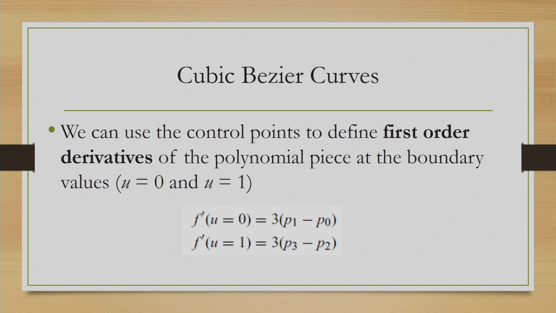Now, the control points can be used to define first order derivatives at the boundary values, that is u equal to 0 and u equal to 1, using these expressions. So, this is the first order derivative at u equal to 0 and this is the first order derivative at u equal to 1, and these 2 derivatives are defined in terms of the control points as shown in these examples.